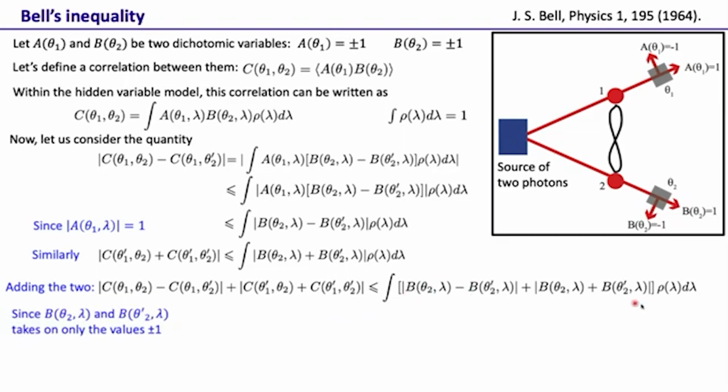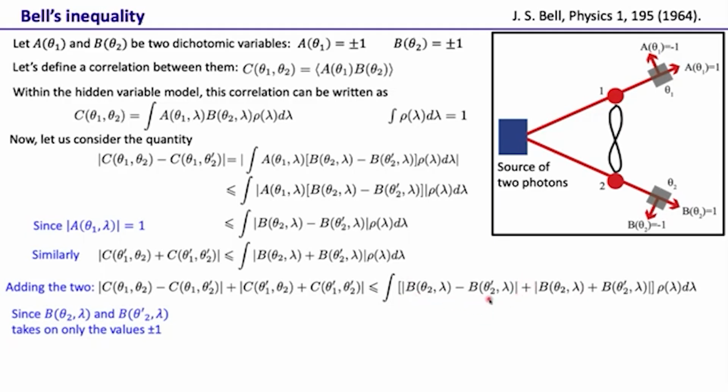Now let's look at this. Here we have b(θ2, λ) and b(θ2', λ), and here we have b(θ2, λ) plus b(θ2', λ). So it's the same quantity, b(θ2') and b(θ2'). Here is a minus, here is a plus. Now we know that b(θ2) or b(θ2') can only take values plus or minus 1, and then we have these absolute values here.